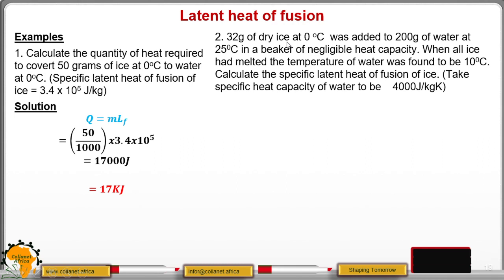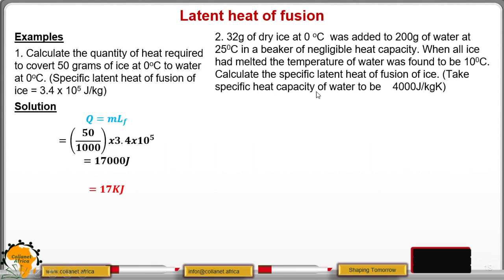Then question number 2. 32 grams of dry ice at 0 degrees Celsius was added to 200 grams of water at 25 degrees Celsius in a beaker of negligible heat capacity. When all ice had melted, the temperature of water was found to be 10 degrees Celsius. Calculate the specific latent heat of fusion of ice.